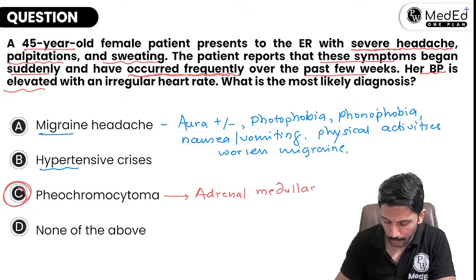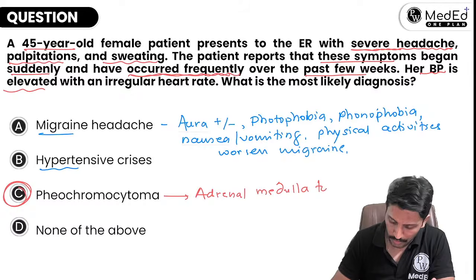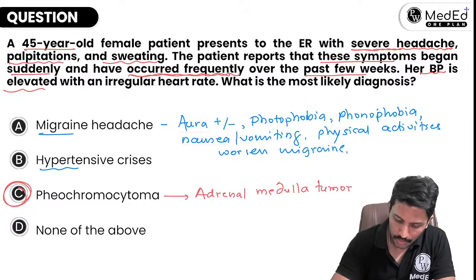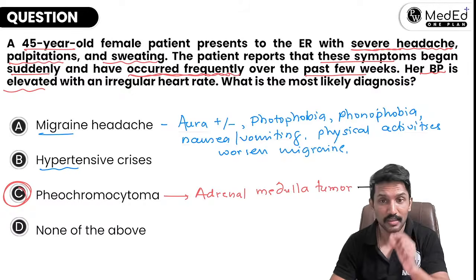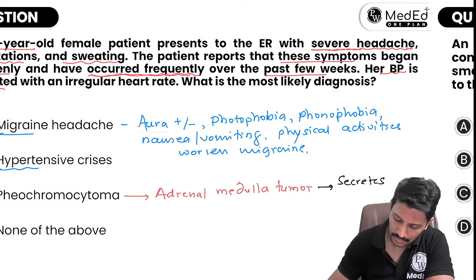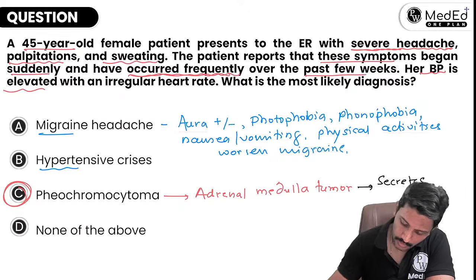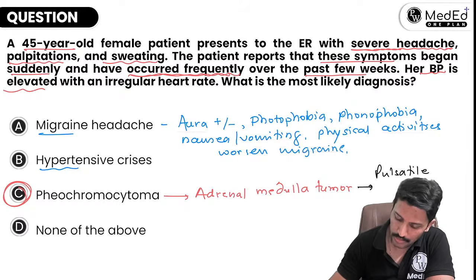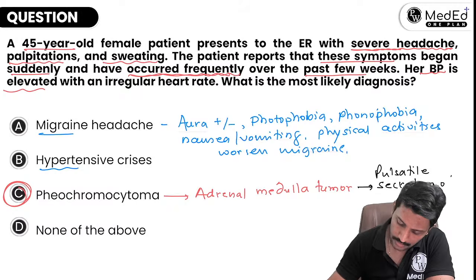Adrenal medulla tumor. And what does this tumor do? Because it is originating in the medulla, it secretes in a pulsatile manner, which means there is no continuous secretion. Pulsatile secretion of catecholamines.